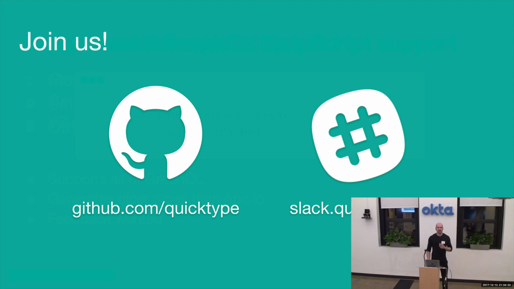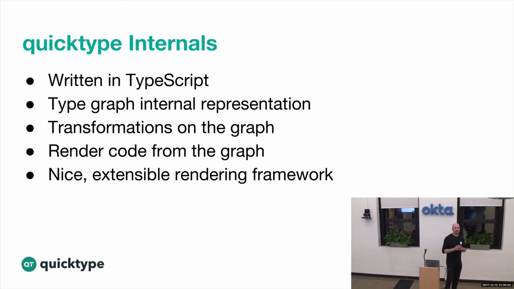Yes, please. Do you build an AST of the JSON schema before passing it out to the backend? Yes, so quicktype is actually, in terms of structure, very similar to a portable compiler in that it has a bunch of front ends that translate to a portable intermediate representation of types, which is a type graph in our case.